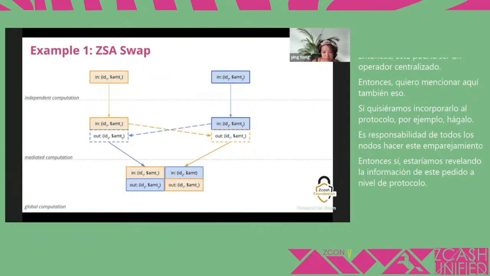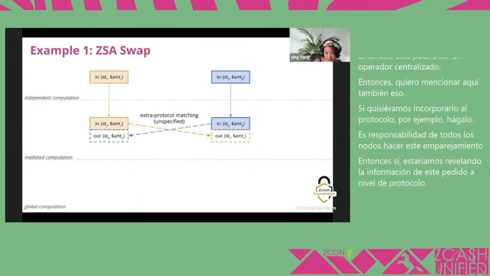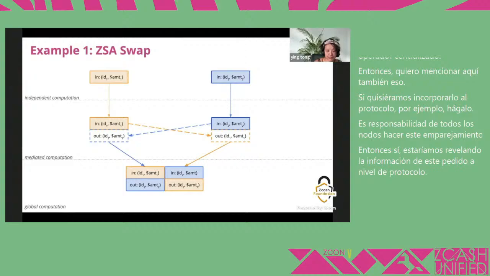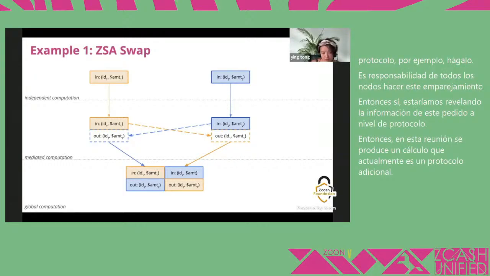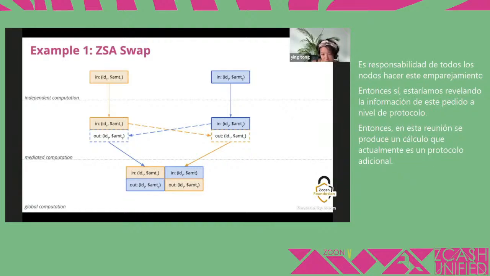So this mediated computation that's currently extra protocol produces balanced transactions, balanced swaps that are then submitted to the blockchain and settled as in a normal Zcash transaction.